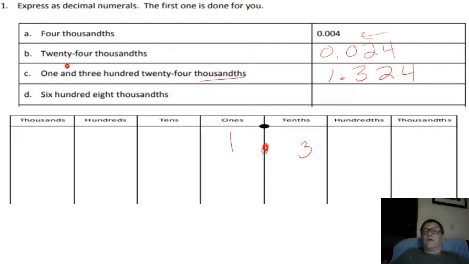All right. Let's try our next one. 608 thousandths. Now you notice there's no "and" in there. It just says 608 thousandths. And it says thousandths.